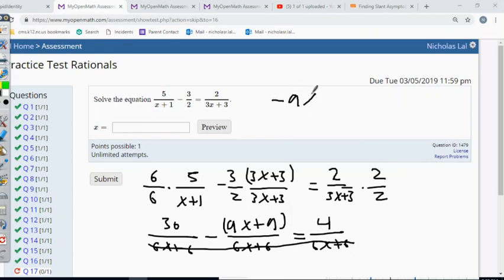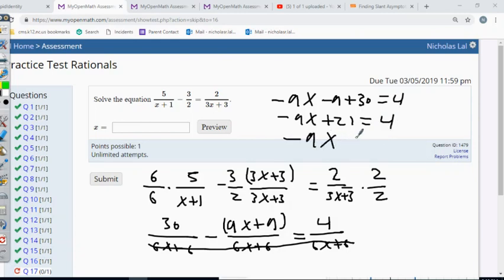Negative 9x minus 9 plus 30 is equal to 4. Negative 9x plus 21 is equal to 4. Negative 9x is equal to 4 minus 21.